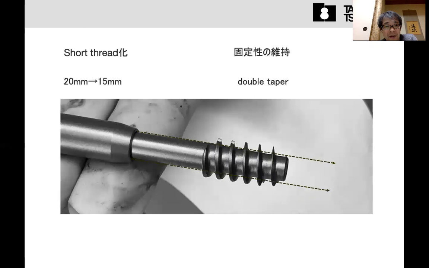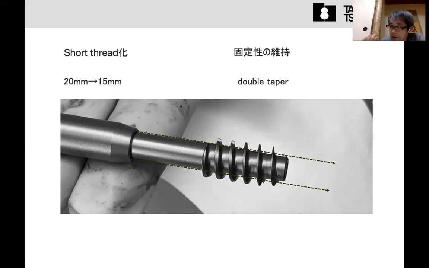So, this is a new device. The new device shortens the thread from 20 millimeters to 15 millimeters. This is a very good point, because please look at the width of the thread. At the tip, the thread is very thin, but near the base, the width gets thicker and thicker.